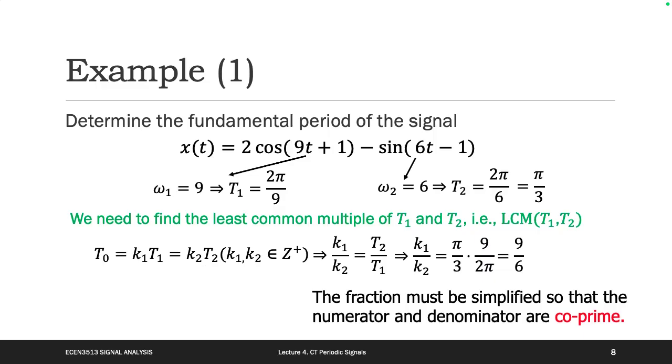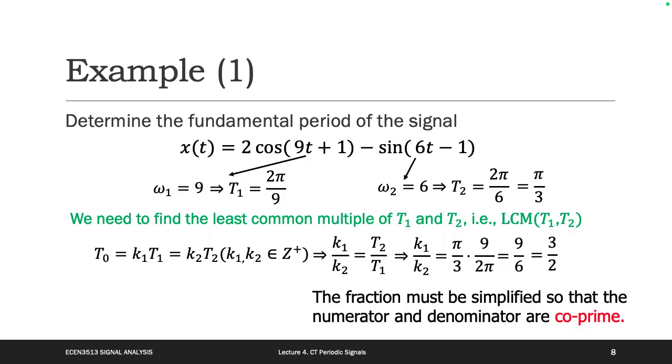That would be 3 over 2, because you can see both can be divided by 3. So if you find K1 and K2, you need to pay attention: the fraction must make the numerator and the denominator co-prime. Just remember that.